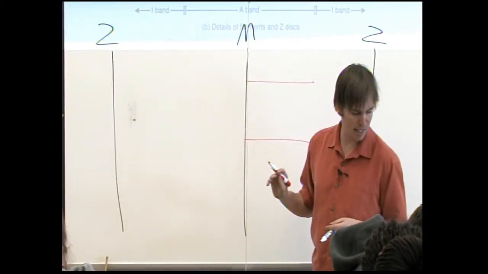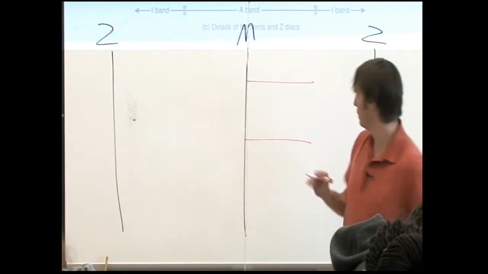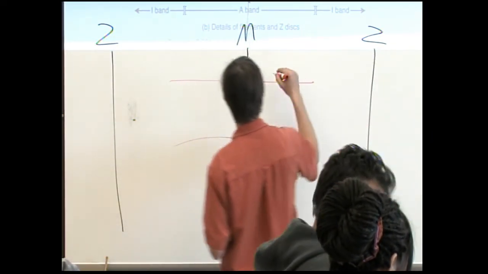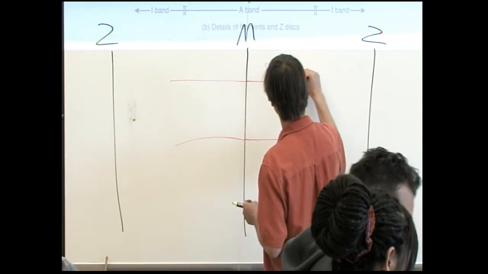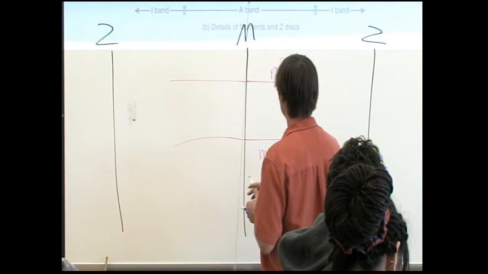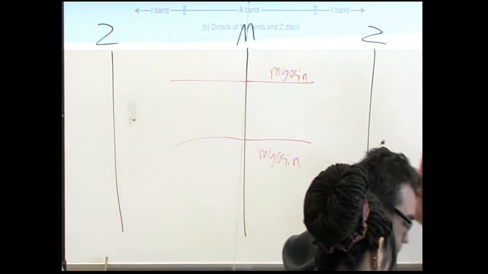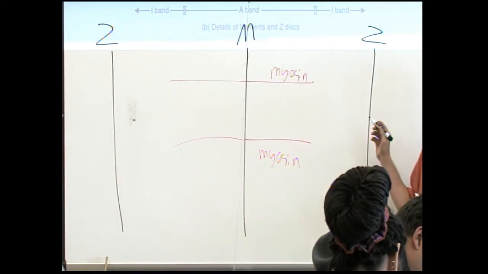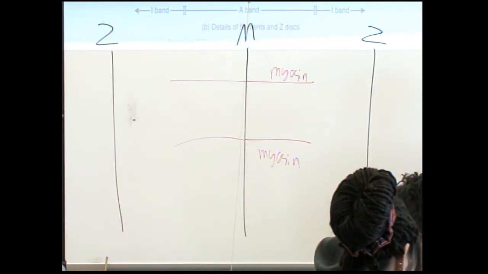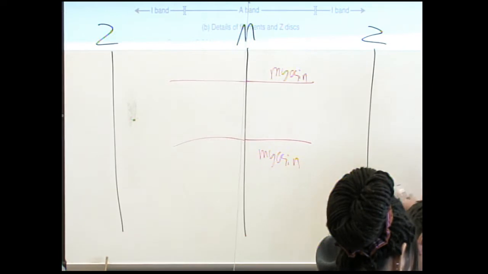How many myosins did I have you draw? 2 or 3? All right. So this is myosin. And then the actin comes about halfway from the other side. This green one's working. We'll make ourselves a Christmas one.